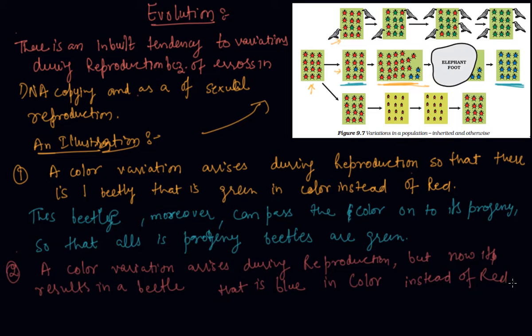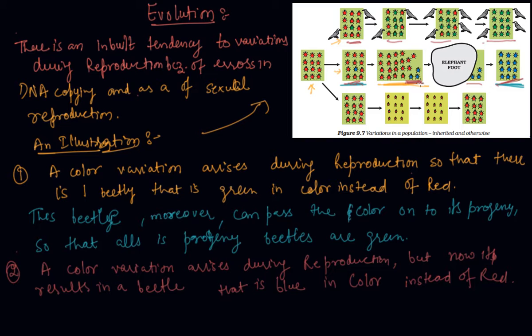So a blue beetle is formed. Here it is the blue one, students, sorry, and it is the green one. Green are here, and at the end you are getting all the greens. Here it is the blue one, and all the blue ones at the end. So this beetle can pass the color on to its progeny, so that all its progeny beetles are blue.